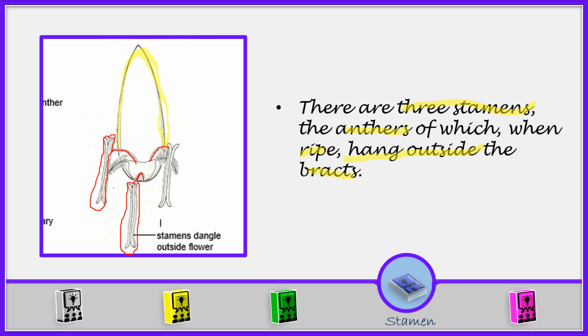Then we have this one, which connects to this anther here. So there are 3 of them, but they are hanging outside the bract. That occurs when they become ripe. That means that they have become mature. And when they are mature, they can hang outside.